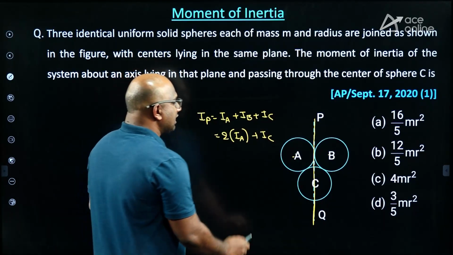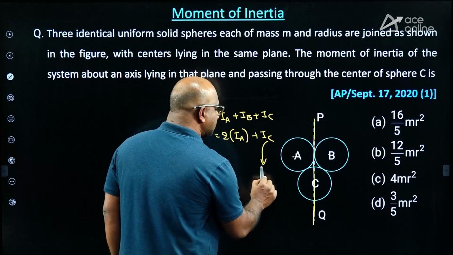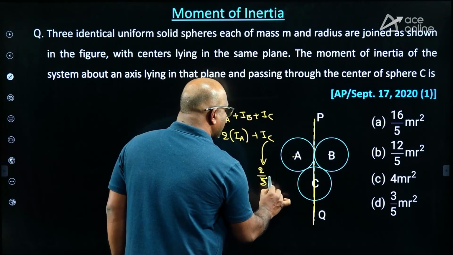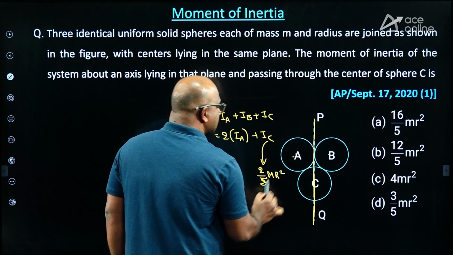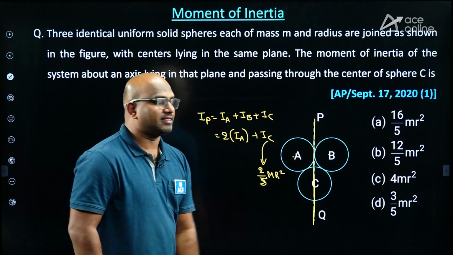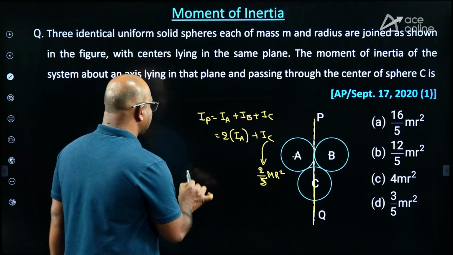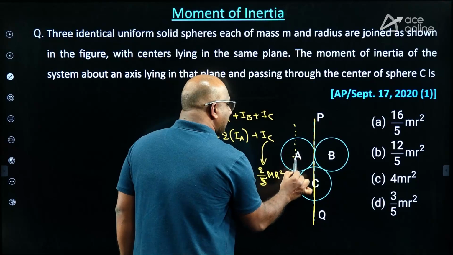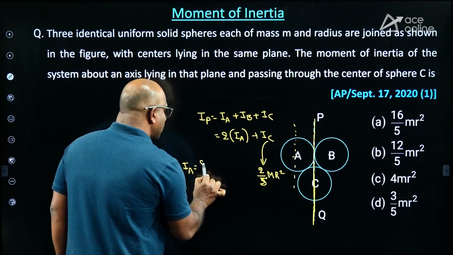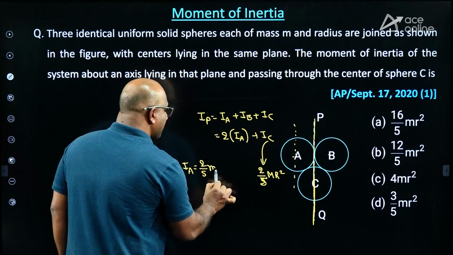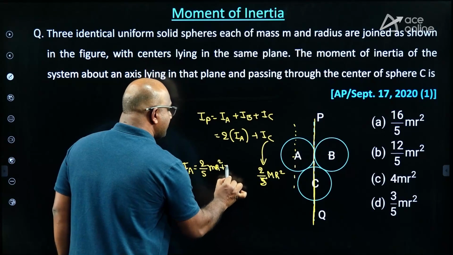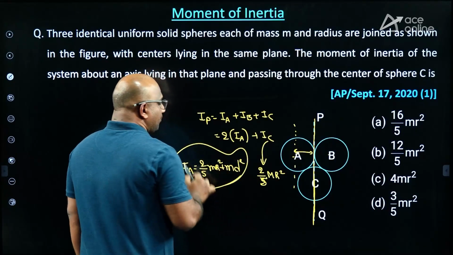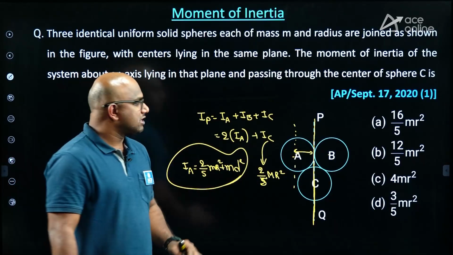The inertia of the C sphere is direct, because the axis passes through the diameter itself: 2 by 5 m r square. But for the inertia of the A sphere, you have to use the parallel axis theorem. The inertia of the A sphere equals 2 by 5 m r square plus m into this distance square, guys.